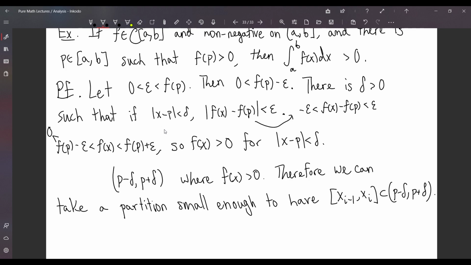And thus the lowest value on this interval is positive, because f is positive on this entire interval.